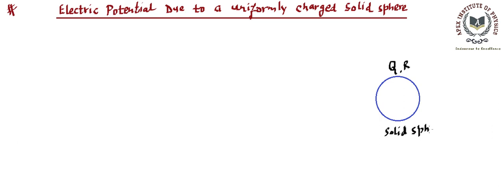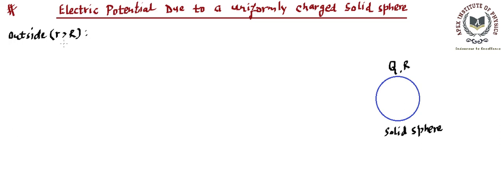Now we know the field because of this solid sphere both inside and outside. So first we will talk about what the potential outside is. Outside means where r, the distance from the center, must be greater than the radius.